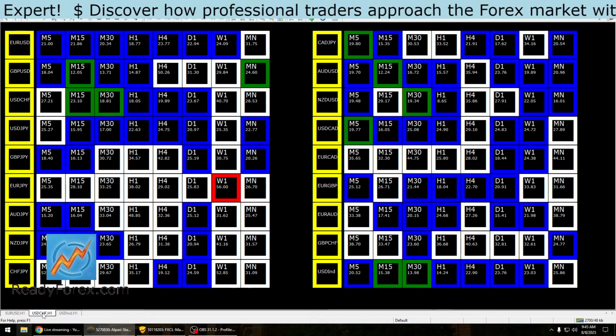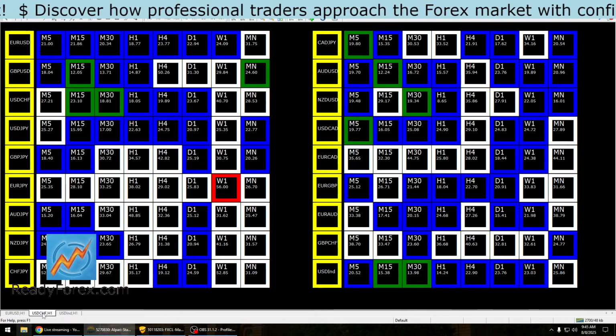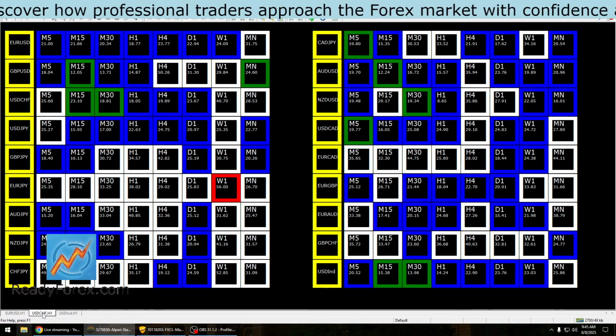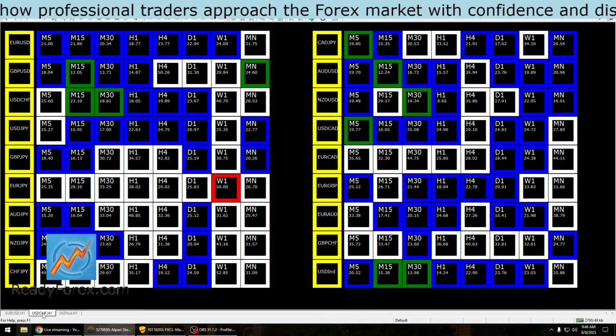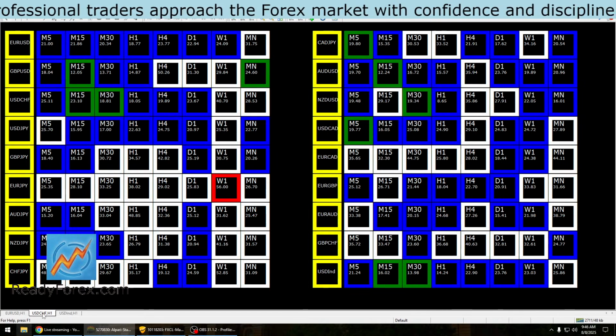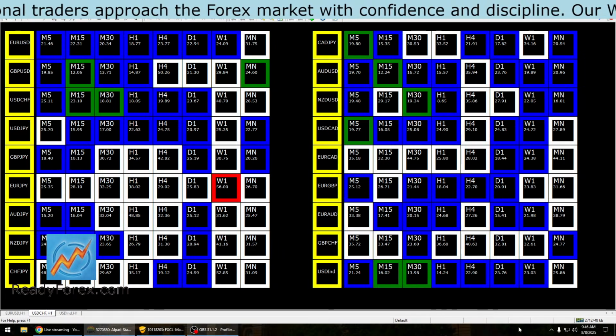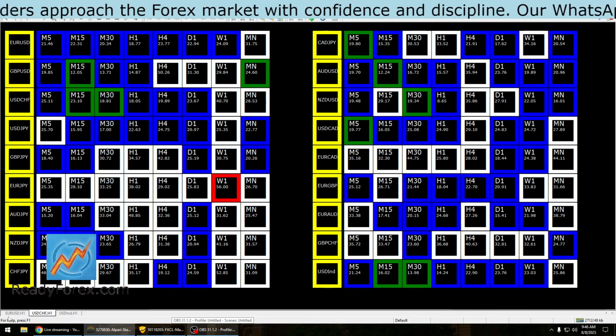The NZDUSD is surely a sideways type situation going on in NZDUSD currency pair. Same goes with the US dollar index. The US dollar index also looks somewhat sideways.